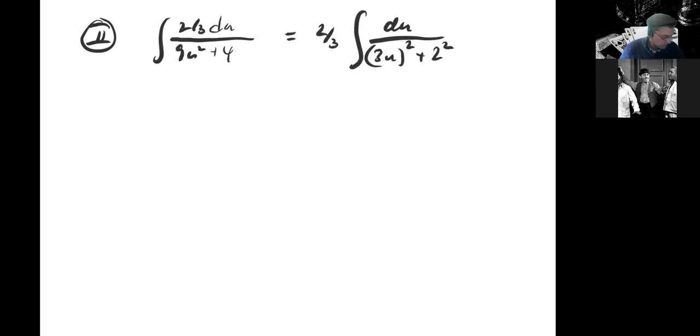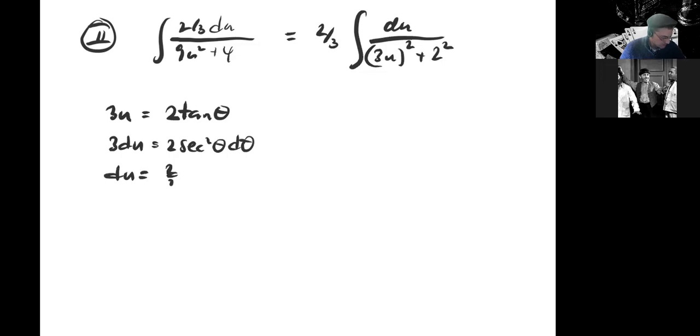I'm going to let 3u equal 2 tangent theta. If I do that, then 3 du equals 2 secant squared theta d theta. In other words, du is equal to 2/3 secant squared theta d theta.